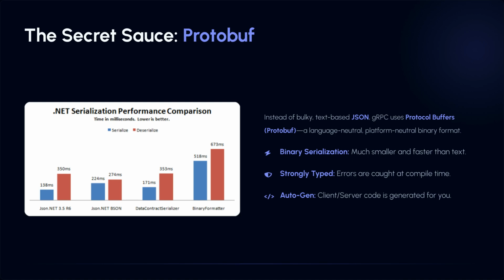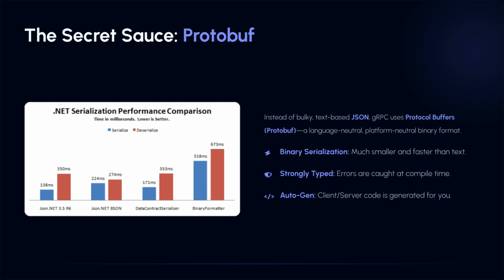Think of it like compressing your data before sending it. This gives three major benefits. 1, smaller payloads. Less data travels over the network. 2, faster serialization. Encoding and decoding are extremely efficient. 3, strong typing. Your data structures are clearly defined beforehand.